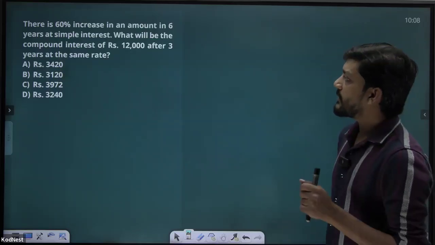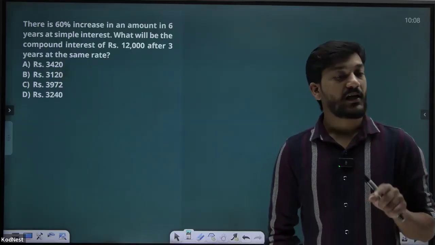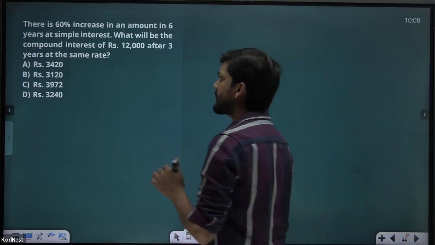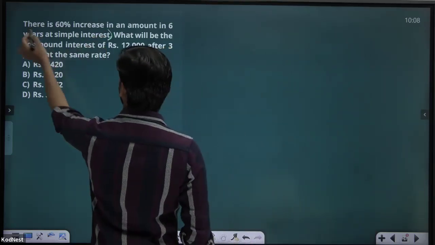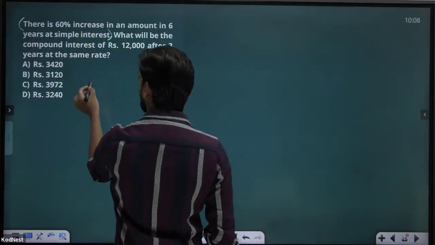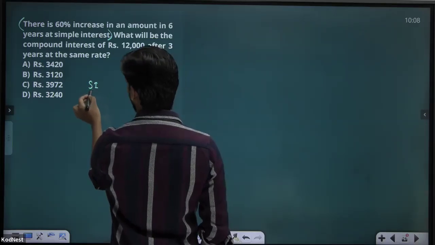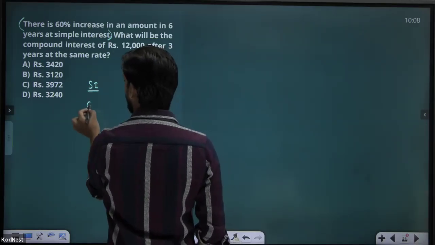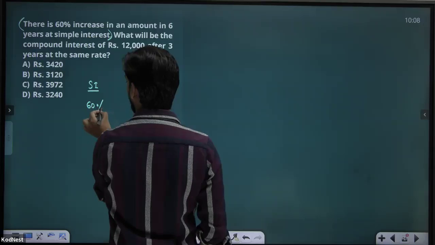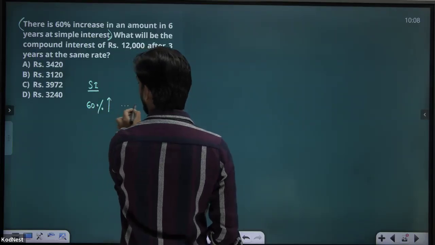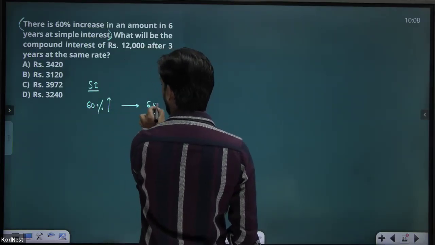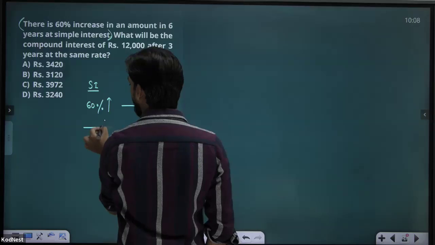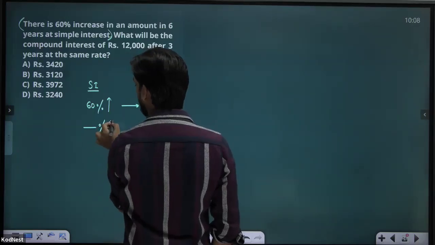So there is a 60% increase in an amount in 6 years. Okay. The first line is related to simple interest, so keep it very simple. 60% increase in 6 years. So how much percent increase in 1 year?